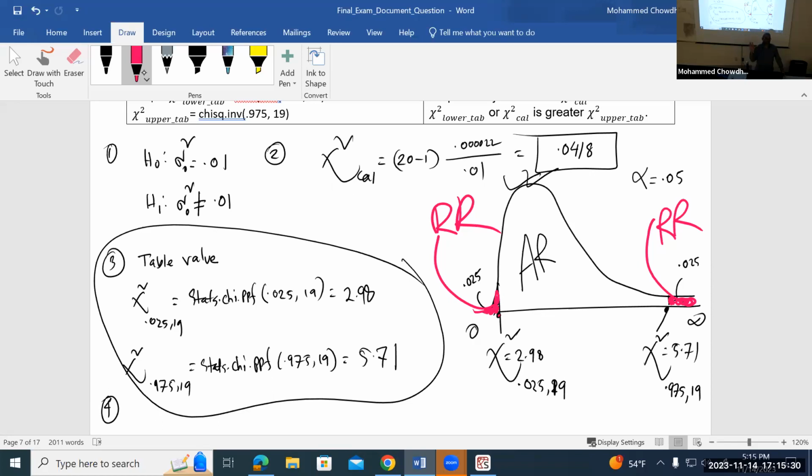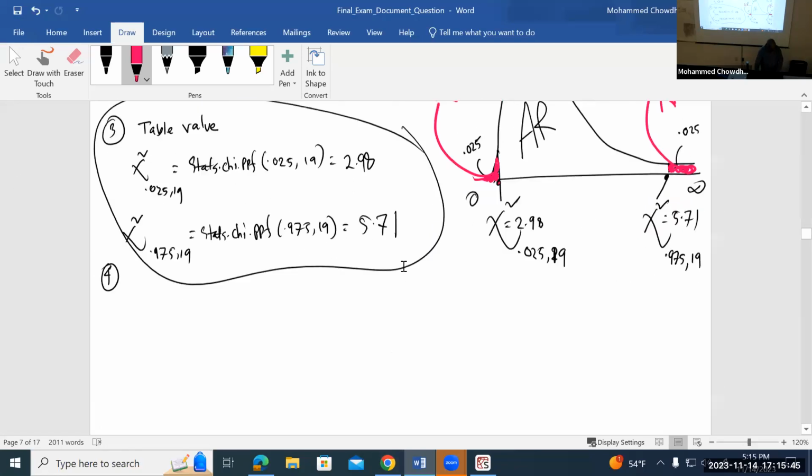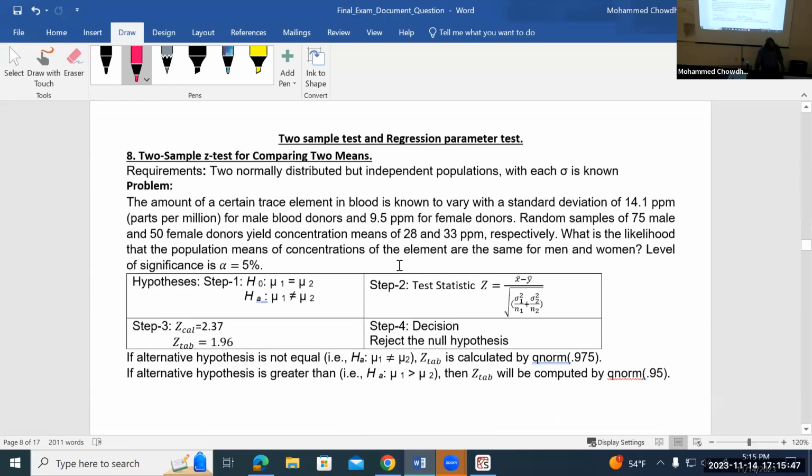Construct the acceptance and rejection regions and check whether your value falls in the rejection region or acceptance region. Clear, right? Okay. Now we want to do the two sample test.